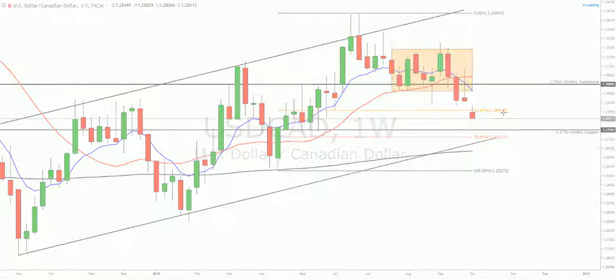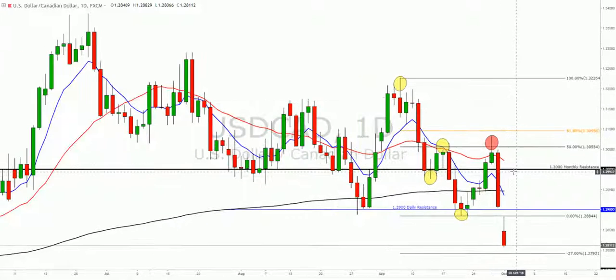Stepping it down to the daily time frame, look at that Friday candle: a massive bearish candle that consumed prior price action, all the way back down to that 1.29 daily resistance.